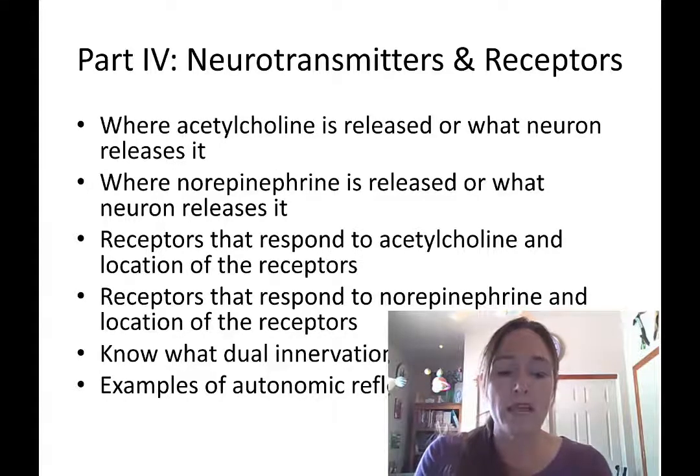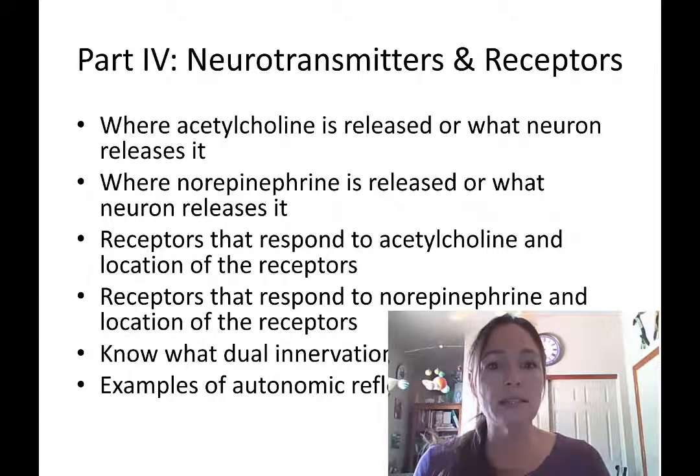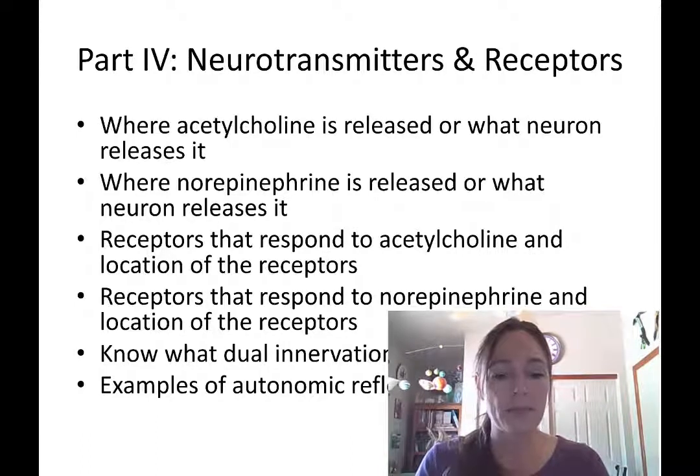You should know that in this two-step pathway, no matter if it's parasympathetic or sympathetic, that first neuron will always release acetylcholine. In the ganglia, the dendrites of the second neuron will have a nicotinic receptor. A nicotinic receptor is going to receive acetylcholine at the ganglia.